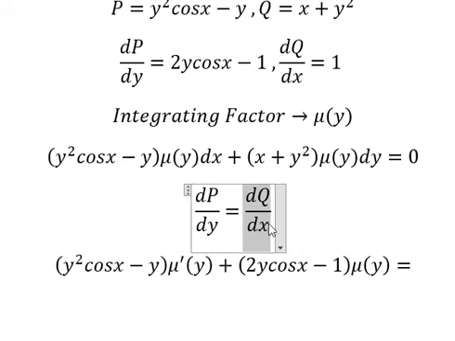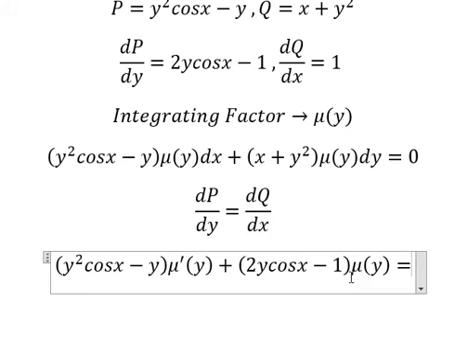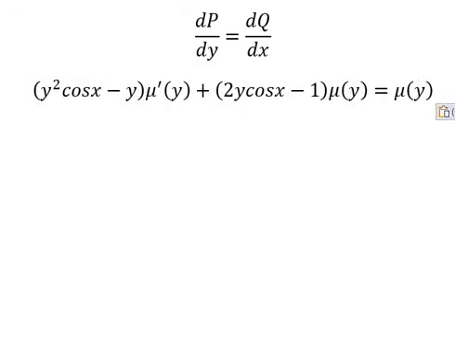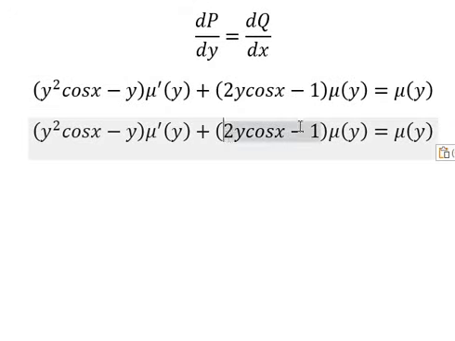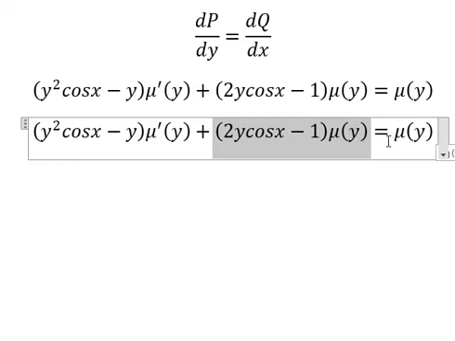So about this one, that should be like this. Now I will put this one go to the right.